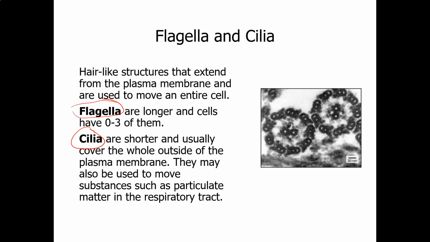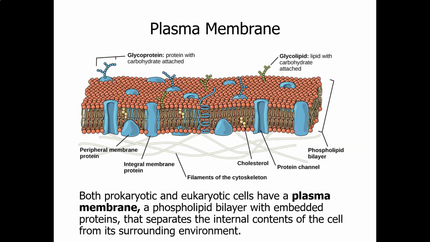So for example, there's cilia that lines the respiratory tract that beats all in one direction to help move the mucus and trapped pathogens and possibly harmful substances up and out of your lungs, so they don't go deep in your lungs and cause an infection. So flagella is a long tail, and cilia are short hairs.